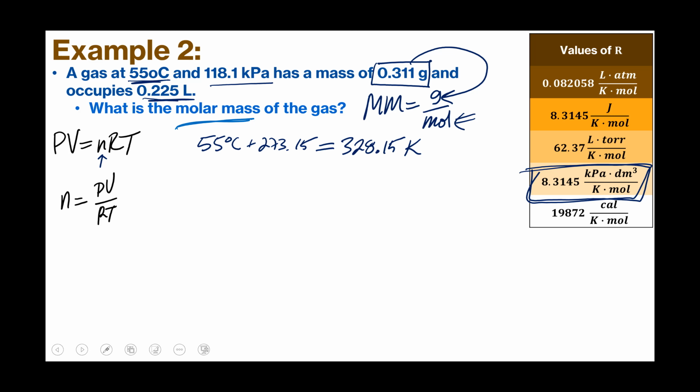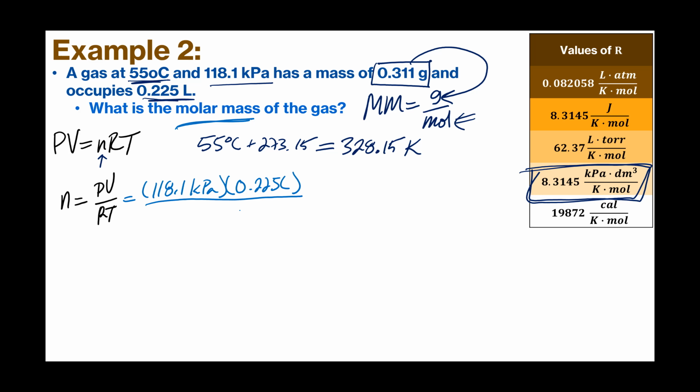All right, what do we got? Pressure is 118.1 kilopascals. The volume is 0.225 liters. I could have said 225 milliliters, and we would convert that to liters so that we can use the ideal gas law.